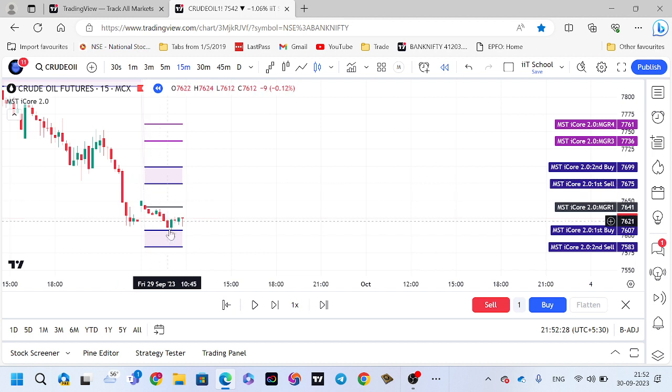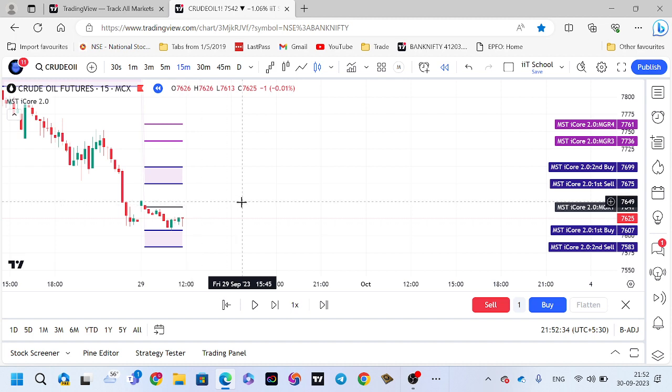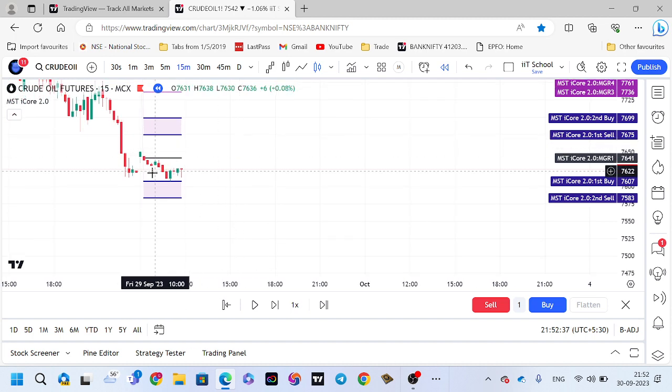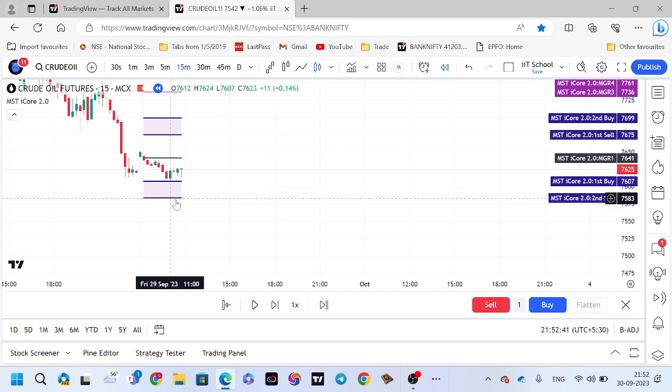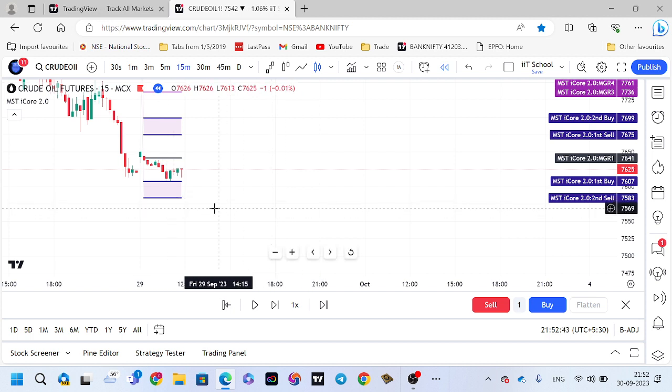So we got the buy entry exactly at 7607, and from there it reversed. Suppose it does not give the target, then what will happen? We will book the loss at 7583, and from 7583 we go for the reversal entry.